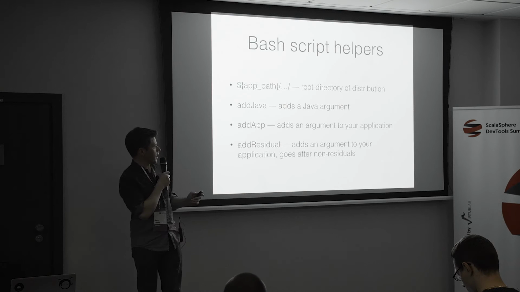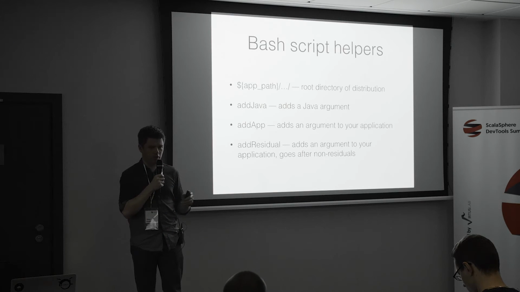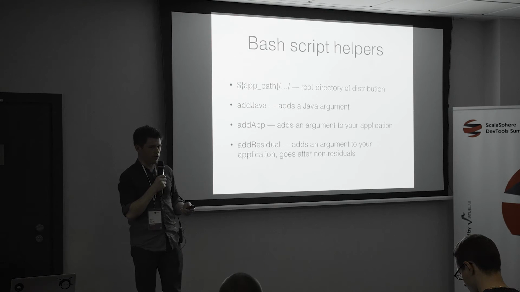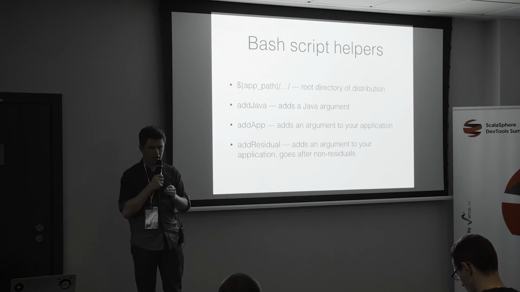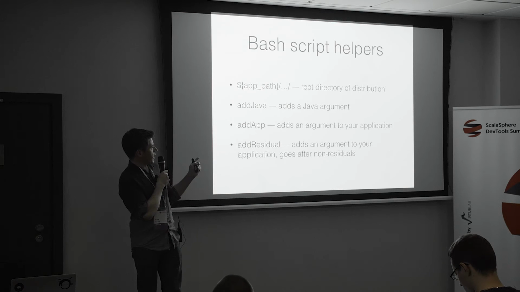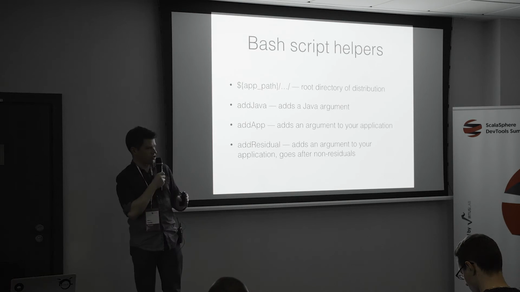By using app path, you get access to the absolute path to some file in the archive you've just created. So say if you dump a file into a/b, you can refer to the absolute path by accessing app path /../a/b.